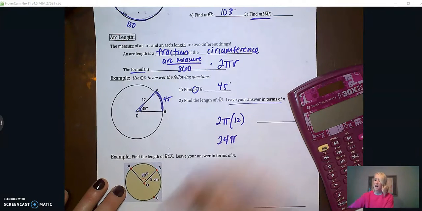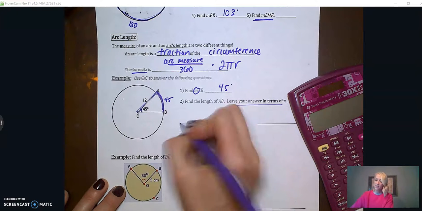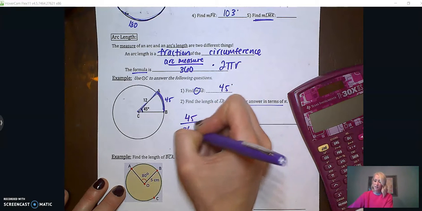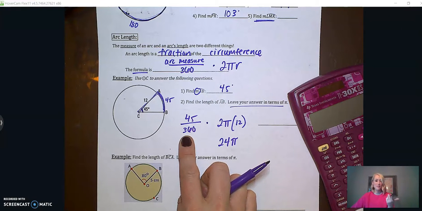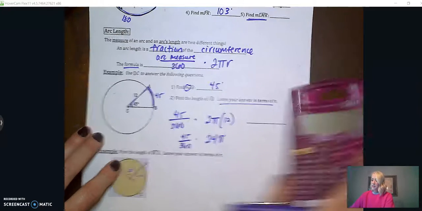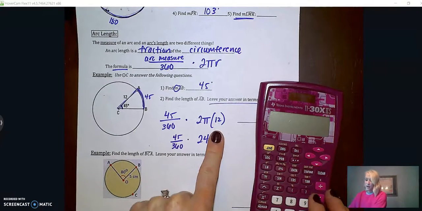That's too big. I just want a fraction of that. I want the fraction that this arc covers. So I take its measure and divide it by 360. This arc covers 45 degrees out of the 360. Carry that down. I want a fraction of the circumference. Here's how I'm going to multiply that in my calculator.